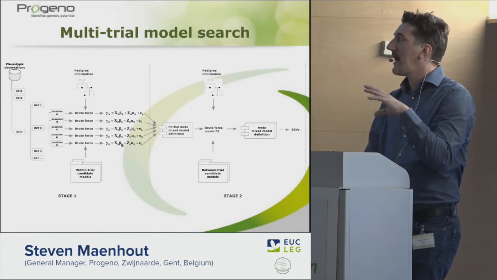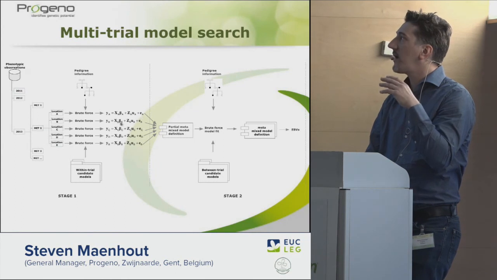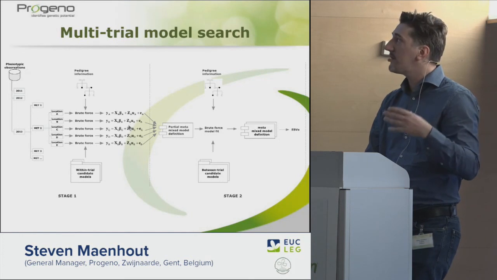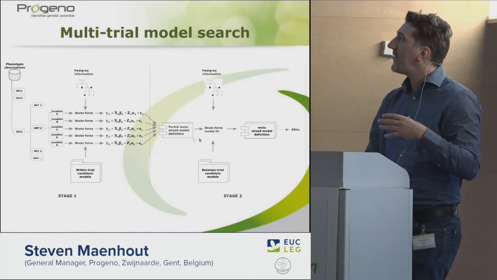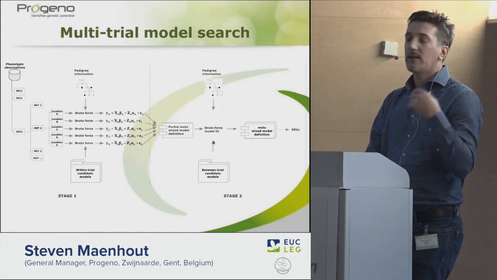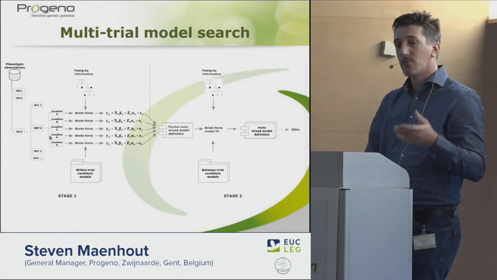That means you would have a separate residual variance in your model for this trial, a separate block effect for that trial, and so on. So you add all of these models together, and then, if needed, this is probably not needed, adding G by E terms, and do a single linear mixed model analysis on all your data in a single run.